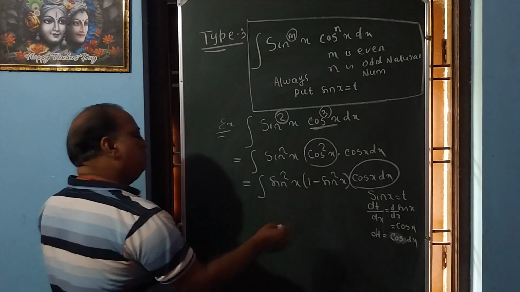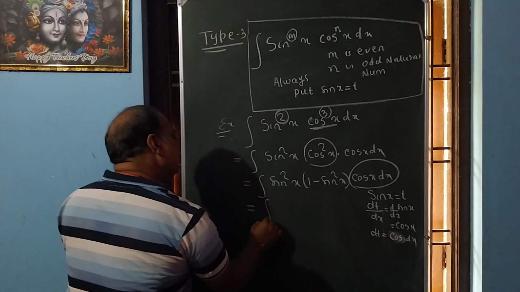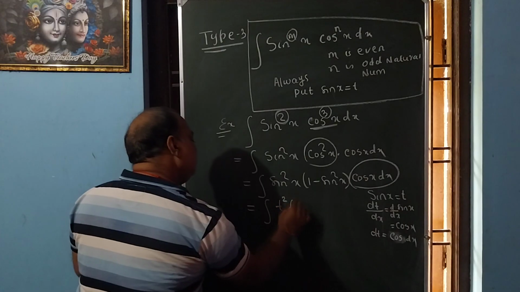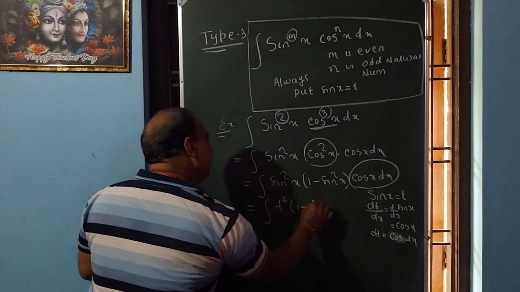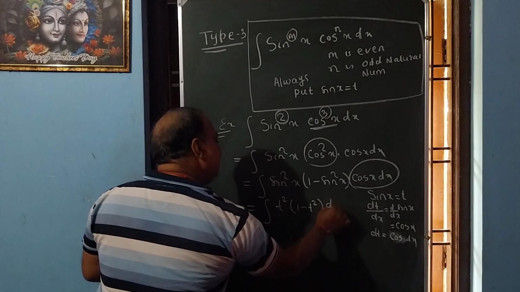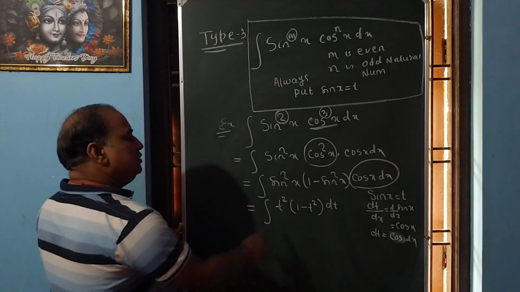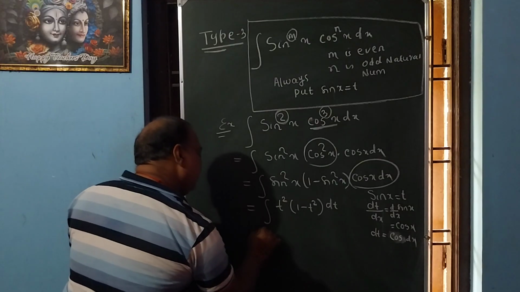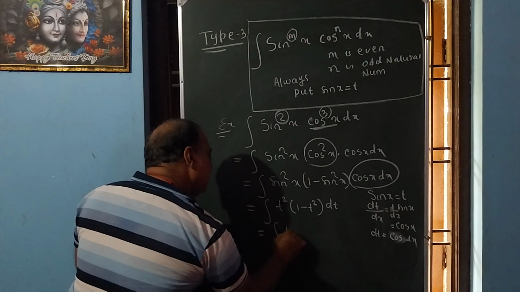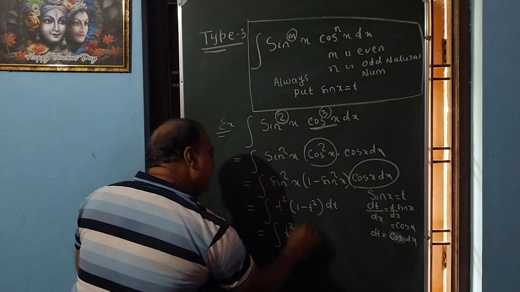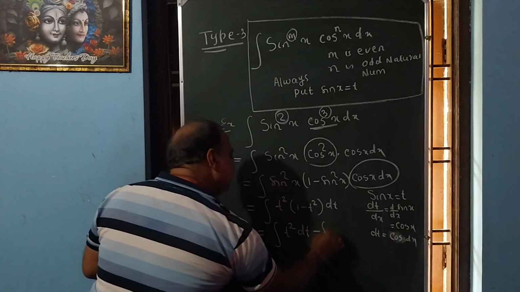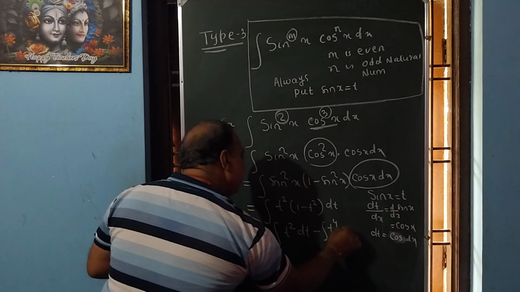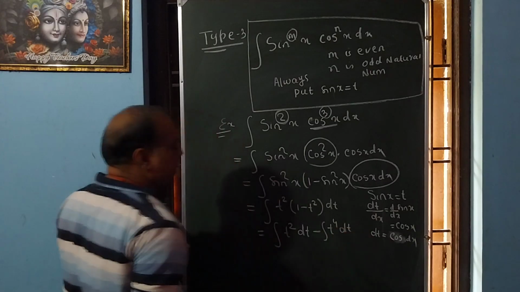So this will become integration of t square into 1 minus t square into dt. Okay, so t square multiplied with 1 and t square multiplied with t square, we get integration of t square dt minus integration of t to the power 4 dt.